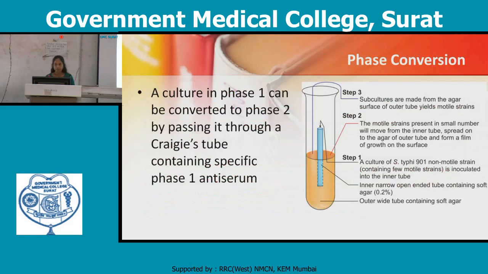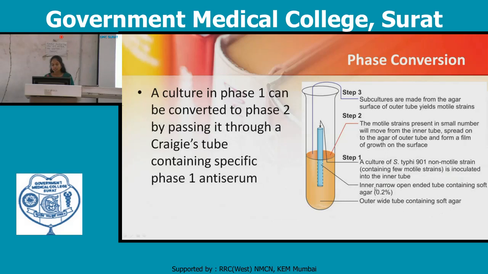Phase conversion by Craigie's tube: a culture in phase 1 can be converted to phase 2 by passing it through a Craigie's tube containing specific phase 1 antiserum. In this figure we see steps 1, 2 and 3. In the first, the yellow is the outer wide tube containing soft agar, and the blue is the inner narrow open-ended tube containing 0.2% soft agar.